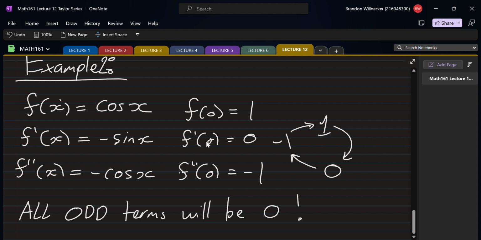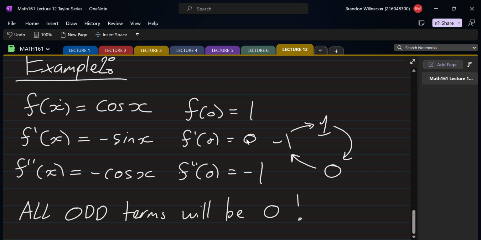That might seem surprising, but if we look at our function f of x equals cos x, we know that cos x is an even function. So the Taylor series should only have even terms, because if the function's even, the Taylor series will only have even terms. If the function's odd, then the Taylor series will only have odd terms.